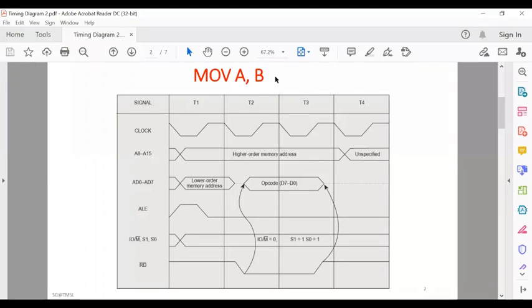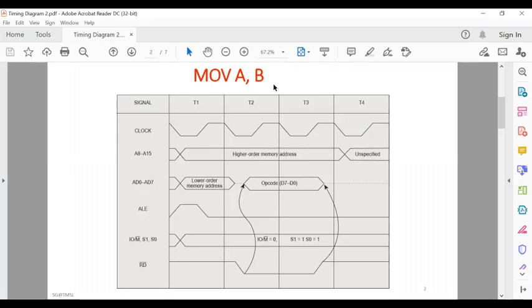Now if 78 is fetched and executed by the processor, the function of this instruction will be performed. Okay, do you need another machine cycle? No, because the meaning of 78 itself is move the content from B register to A register. So you don't need to add anything or perform anything extra.